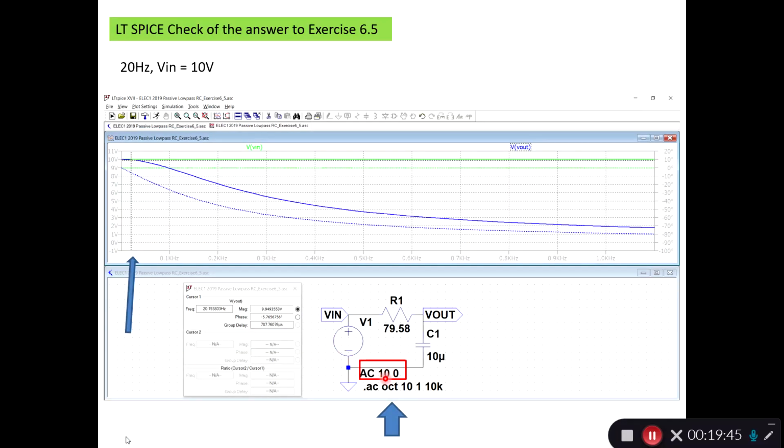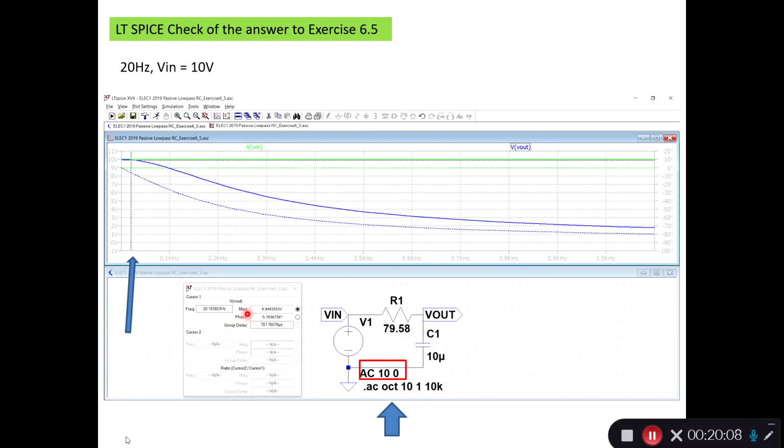You can see here the source has an amplitude of 10 and a phase shift of 0, and then I simulate the output and use the cursors to read at 20 Hertz the magnitude and the phase.